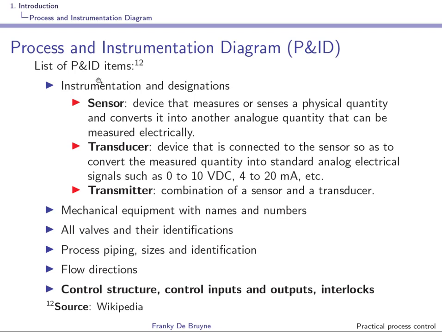You'll have information about the instrumentation, so the sensor, the type of transducer, the type of analog electrical signal, mechanical equipment with names and numbers, all valves with their identifications, process piping, sizes and identification, flow directions of material, and of course very important for us control engineers, the control structure. So the control inputs, outputs, interlocks, feed forward, cascades and things like that.